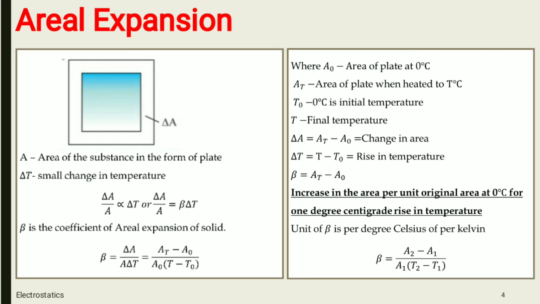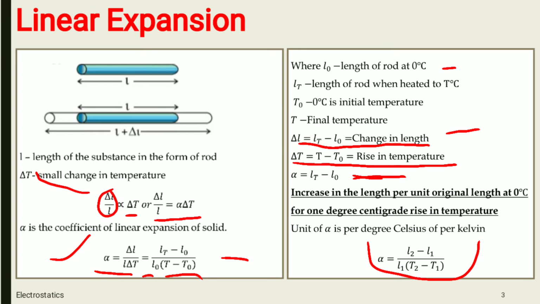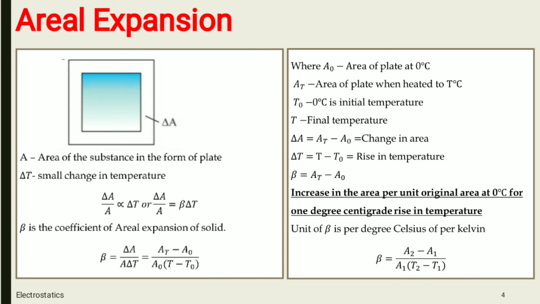Again here delta T is what? Small change in temperature. Again here, the fractional change in area is directly proportional to delta T, the change in temperature, just like we have seen in linear expansion.